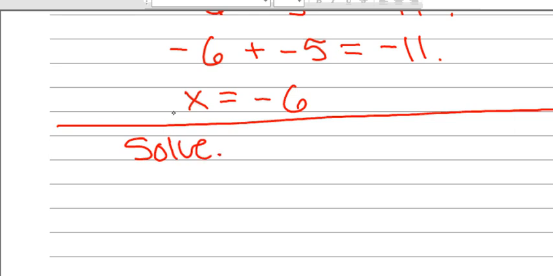So you're going to be seeing something like this. This is number 290. In this case, I want to solve for m.